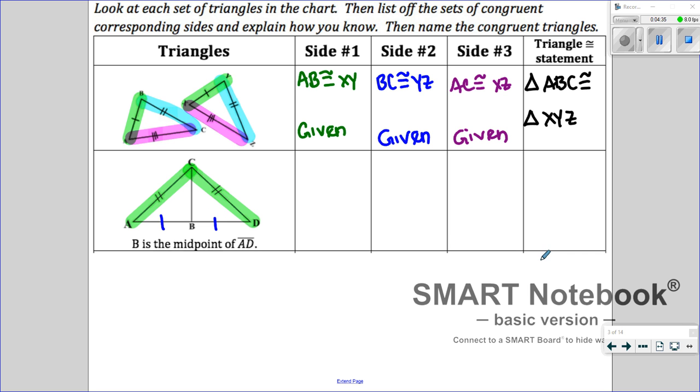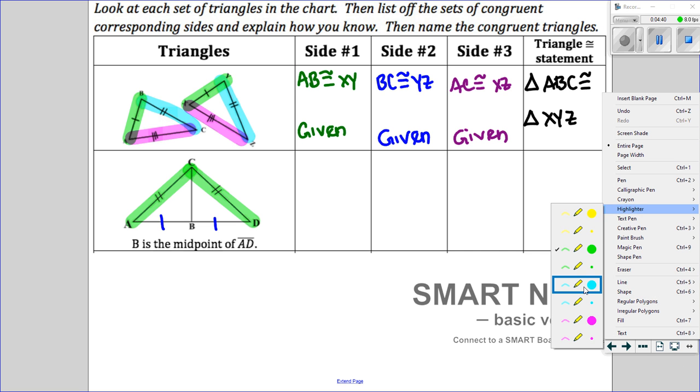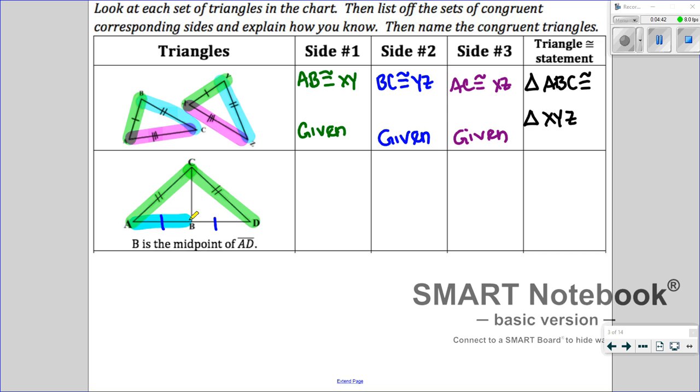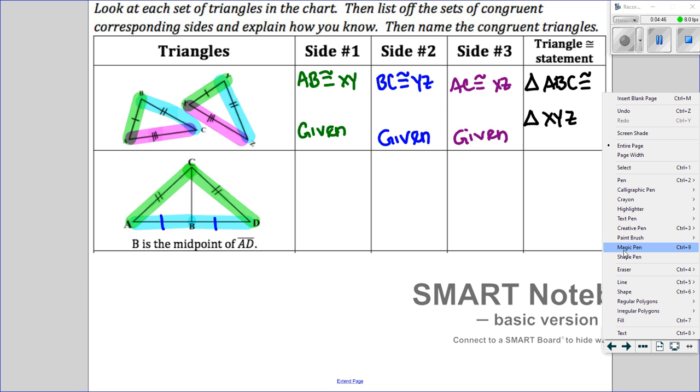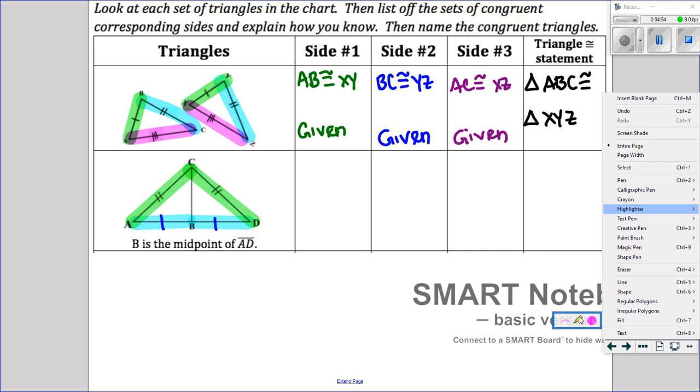Now for the third side, before I even do anything, I'm going to make this blue. The third side would be CB. And I'll use magenta, actually the highlighted magenta for that one.